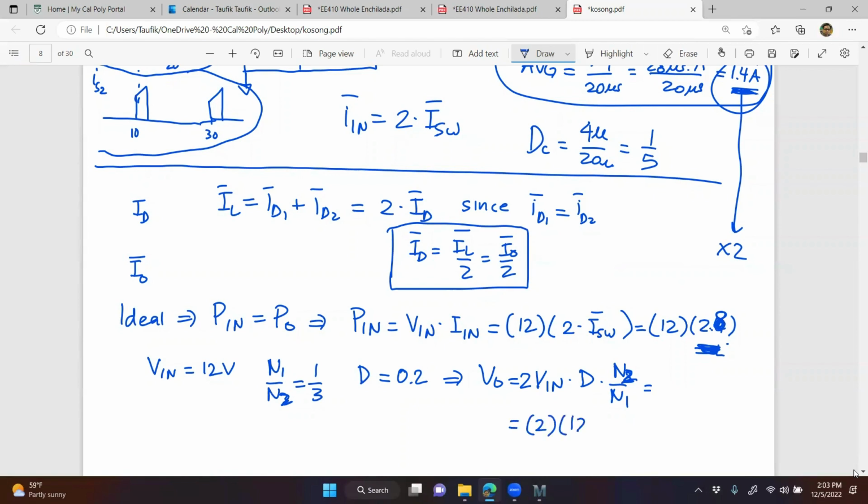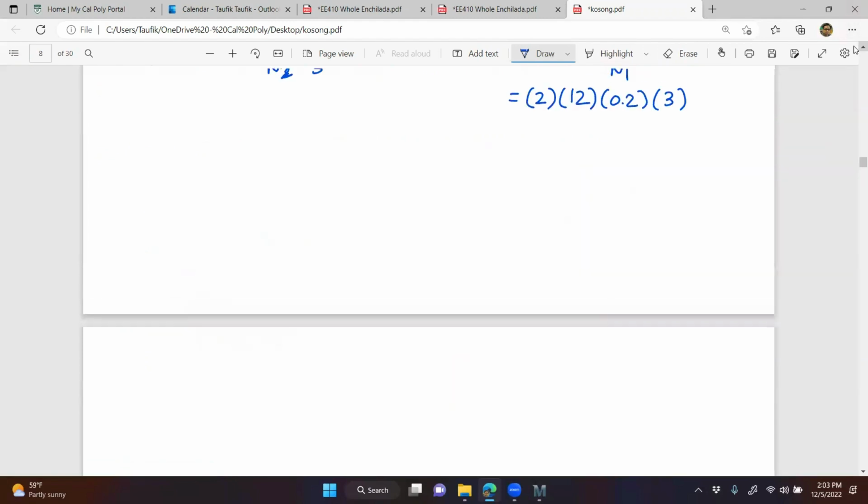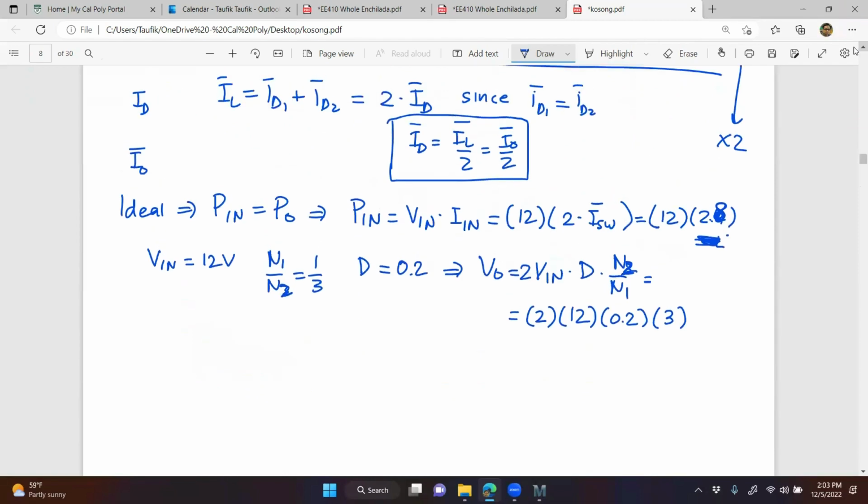Am I right about the equation from the book? Okay. What is that equal to? 24 times 0.2 times 3. What is the whole thing equal to?